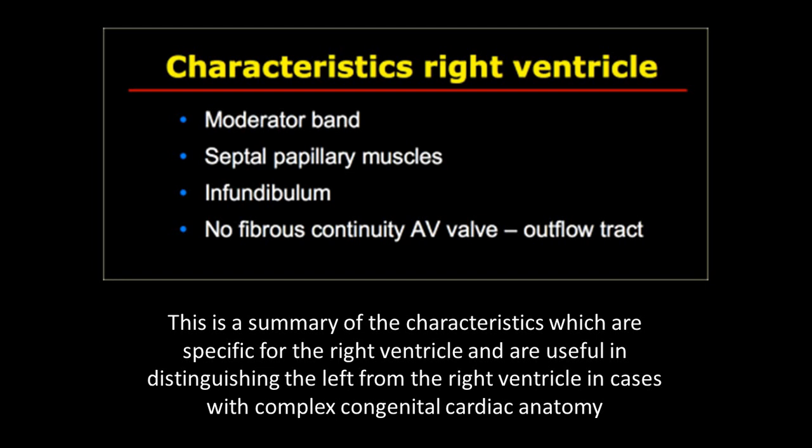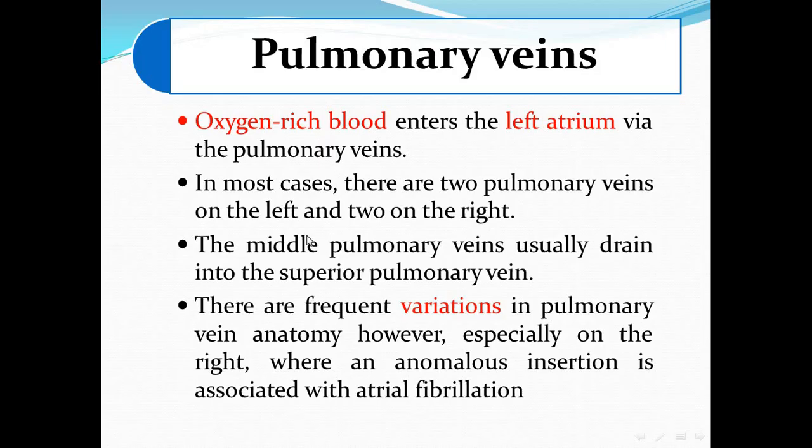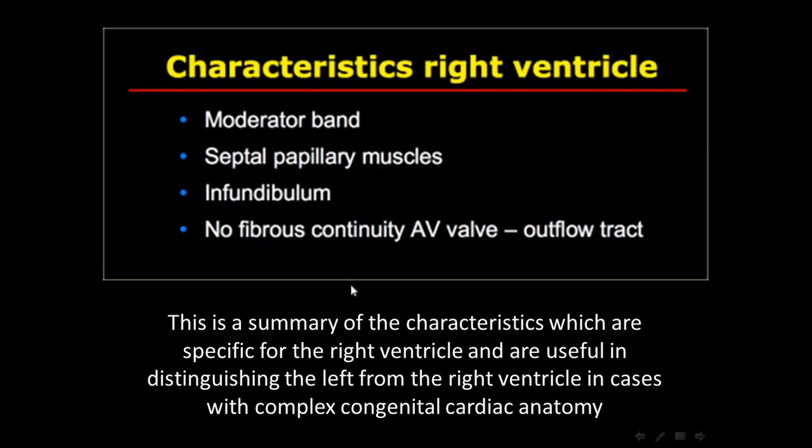As we said, there is a crista supraventricularis, which separates the tricuspid valve from the pulmonary valve. But in the left ventricle, there is a fibrous continuation. We will have some other images which will illustrate this point, some illustrations from today's anatomy shortly.